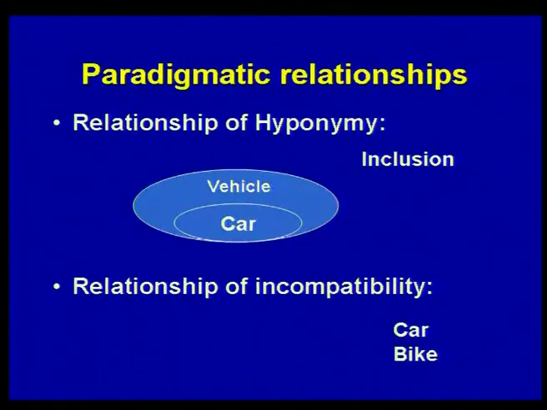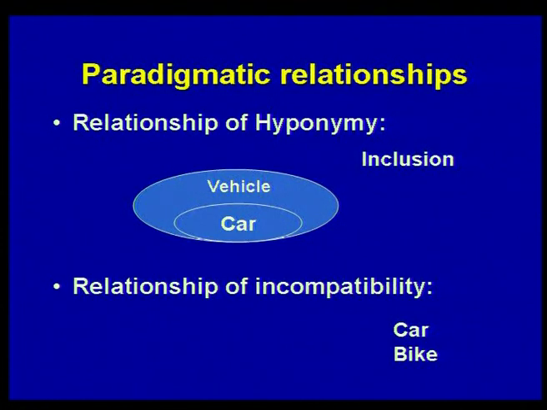There are other kinds of relationships also which exist between words. Take for example the relationship between vehicle, car and bike. Now, vehicle can be seen as a more inclusive concept which would include car and bike. You can see that in the diagram put over there. Vehicle is the outer circle which includes the concept car.